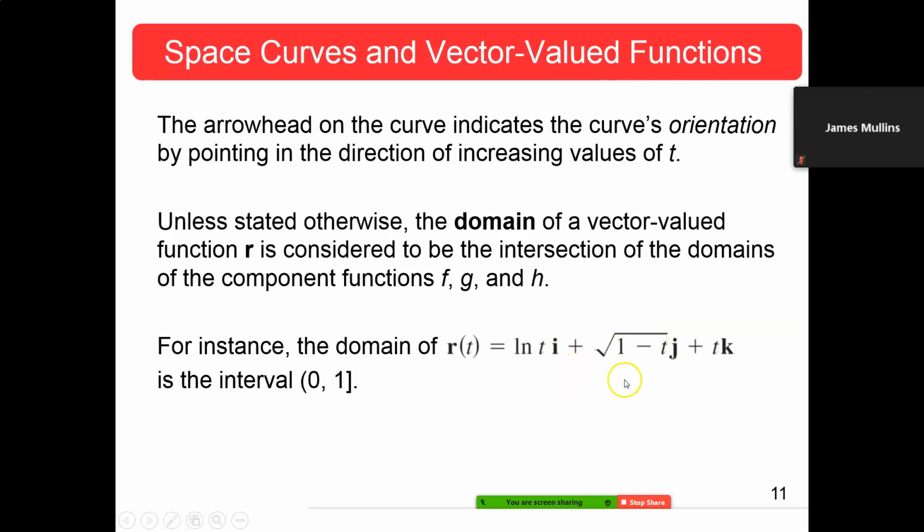However, for your square root of 1 minus t j, the values for t can only be... well, let's see. I'm going to actually write it out for you rather than just saying it. Okay, the domain here: t has to be from 0, not counting 0, to positive infinity.